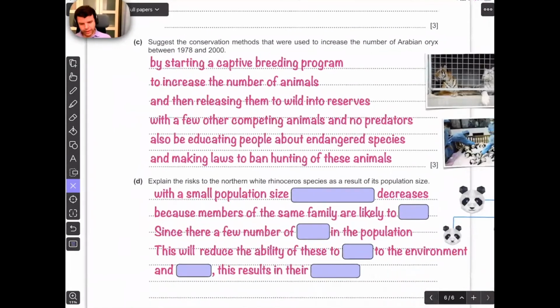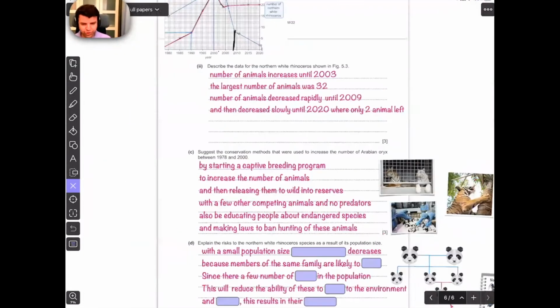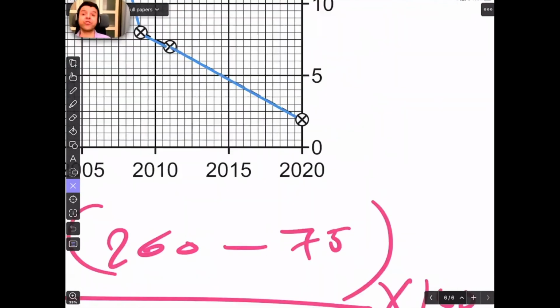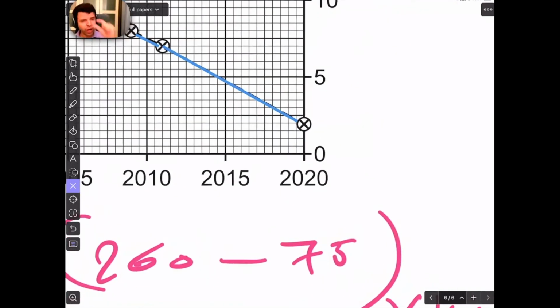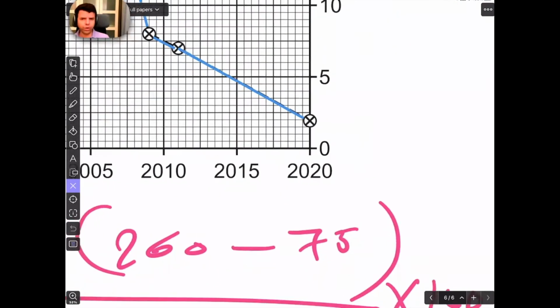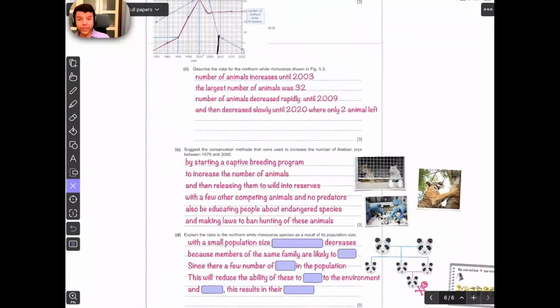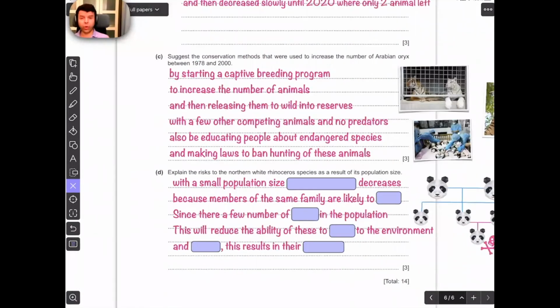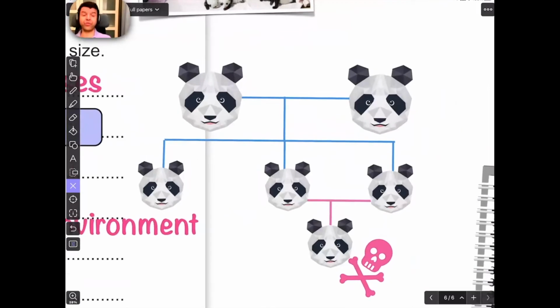Okay? Now, returning back to this graph, do you remember we reached just 2 animals here? We're coming to a very small population. What would be the consequence if you have a very small population of animals? What would be the long-term consequence to this animal? What would you expect on the long term to happen to an animal where only 2 of it is left? Usually you end up having a bigger problem.